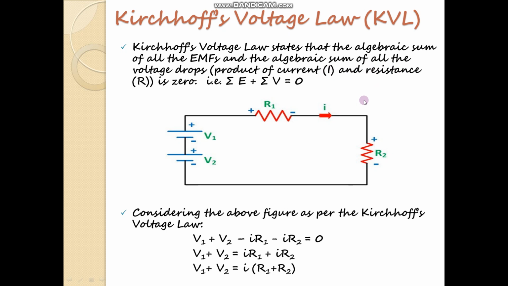The summation of voltage rises and voltage drops must be equal to 0. Fine. Now what is the voltage rise and voltage drop? See, if the current is flowing from the negative terminal to the positive terminal, then there is a voltage rise. And if the current is flowing from the positive terminal to the negative terminal, then there is a voltage drop.